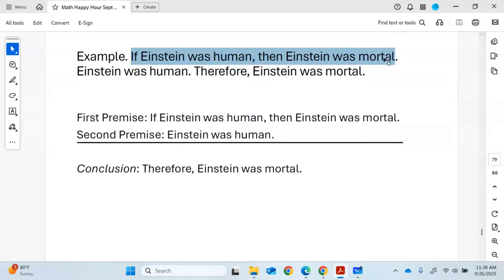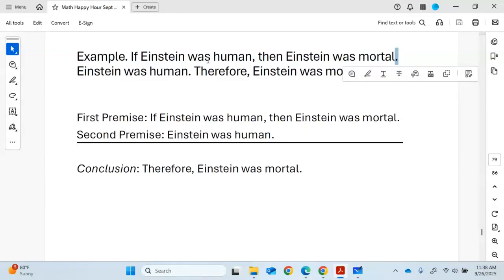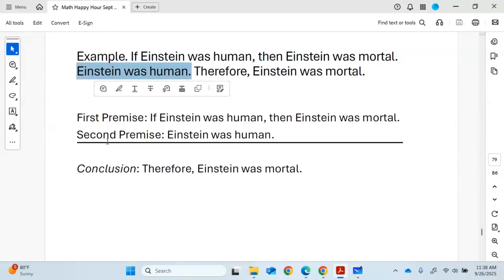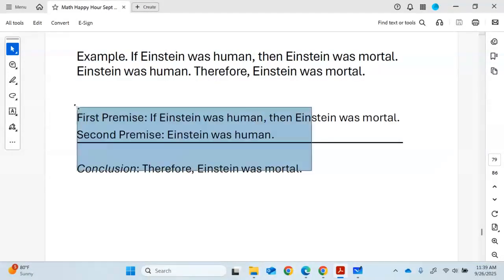And we also have a period, so there's a new sentence, a new statement. The second premise is Einstein was human. Combining premise one and premise two, we want to conclude that Einstein was mortal. So this is an argument, and the diagram here shows us its structure: two premises and one conclusion, which is our last statement.